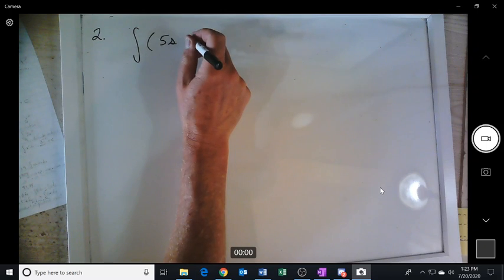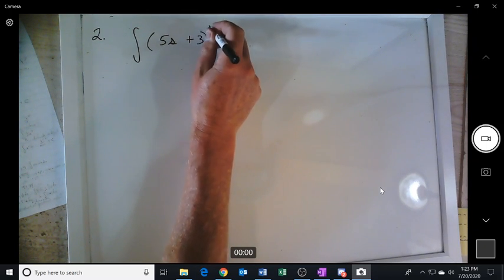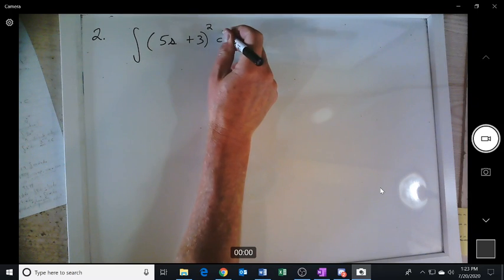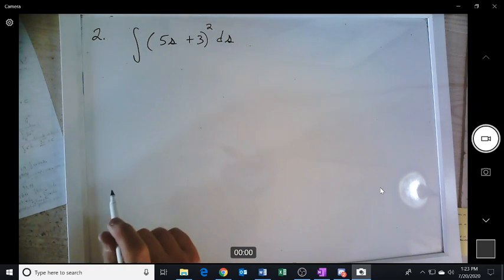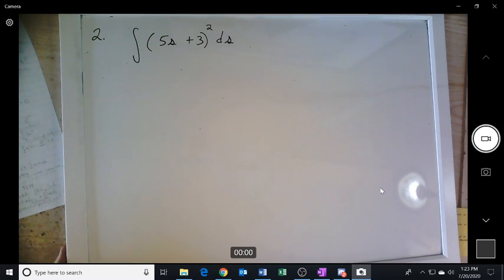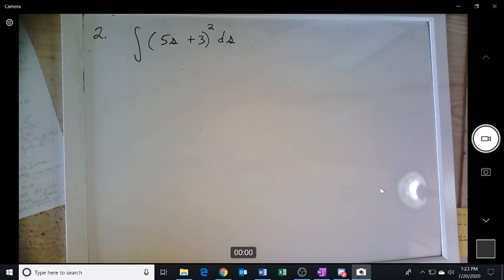The integral of (5s plus 3) squared ds. Alright. I'll give you a minute, and you can consult. Work on it individually to start with.